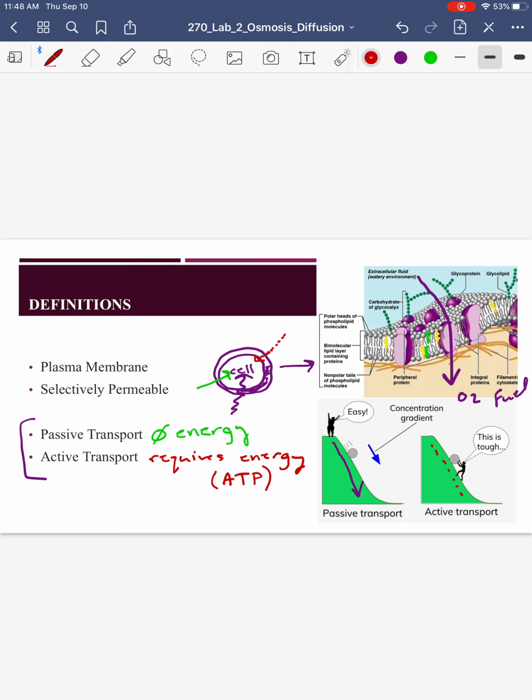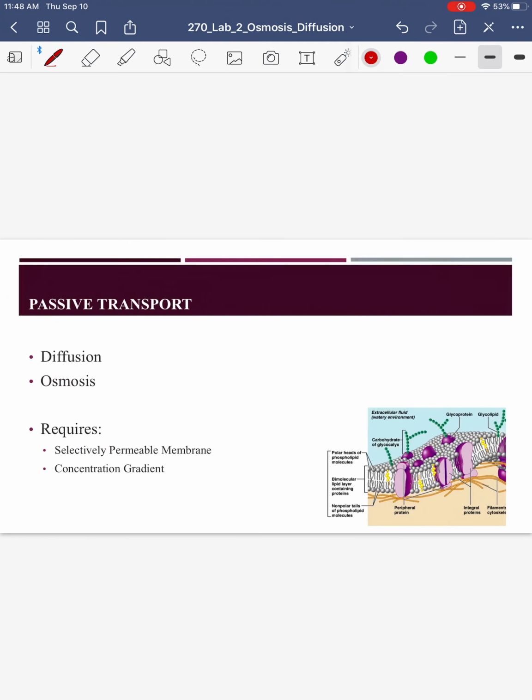You're trying to pedal up a hill, or row a boat upstream. Because we're going against the concentration gradient, it requires energy. I told you, this is good stuff, right? All right, so we're focusing on passive transport.